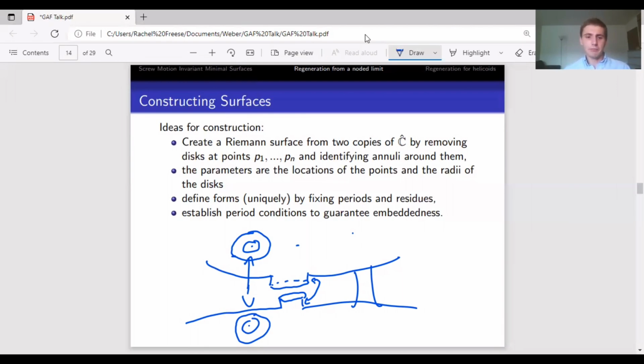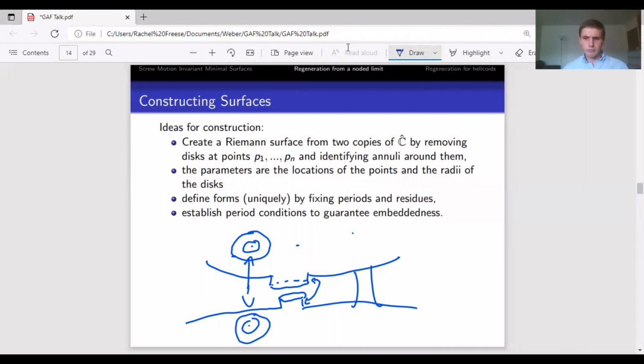Okay, so then we can define the Weierstrass data on this surface, and there are different ways depending on what situation you're looking at, but basically the most important way is defining the one form, so definitely always do the one form, right? You can do that by fixing periods and residues.